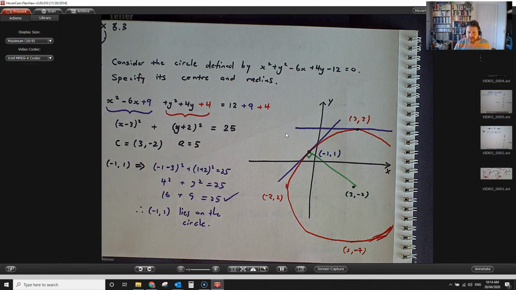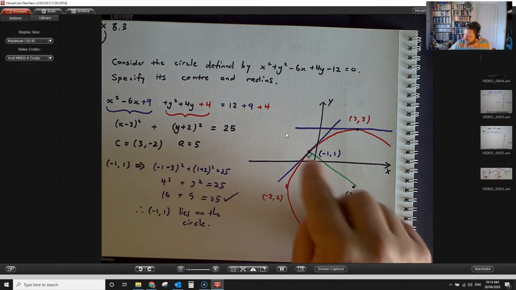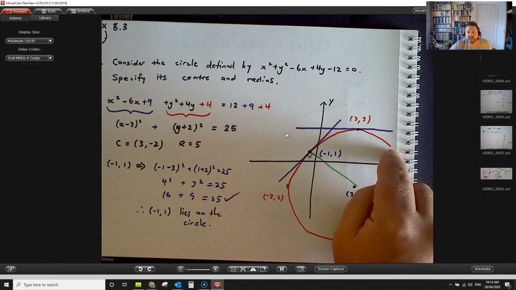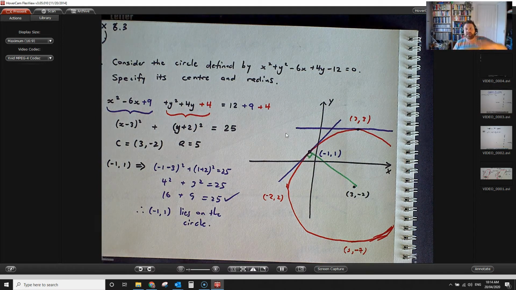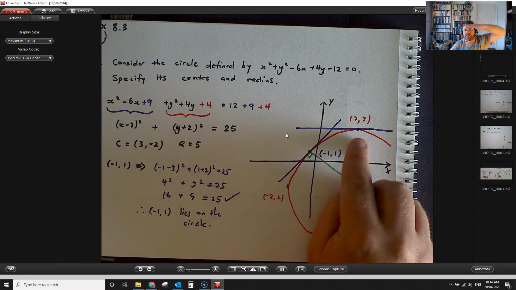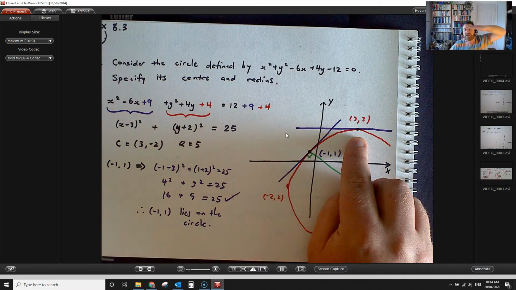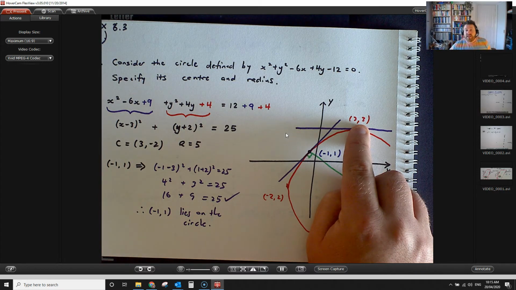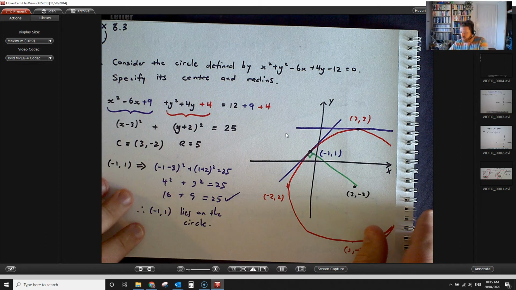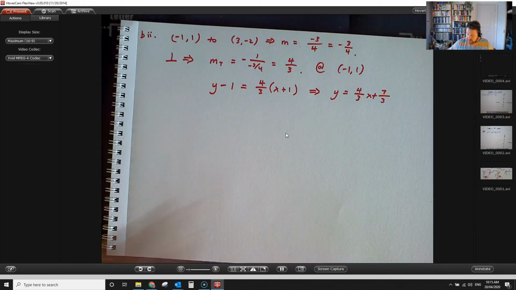Now, we could go through the same process and it would work, but there's not really any need for this point because it's the very top of the circle. That means the tangent to it is going to be a straight horizontal line because this is a maximum point. If it's a straight horizontal line, then it's just going to have a fixed y value. And what will that y value be? It'll be 3. So part C we can do very, very quickly.